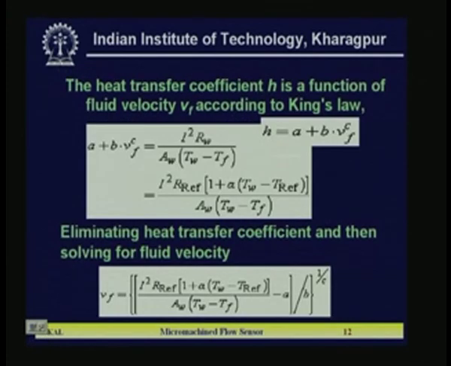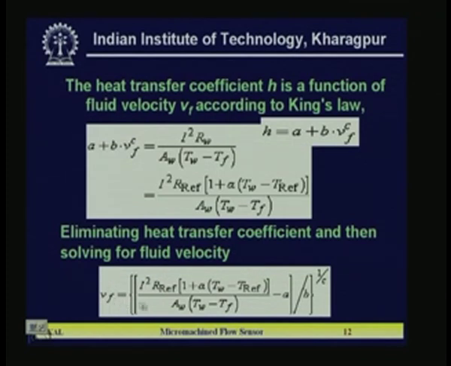If you put this value here for RW, the expression looks like this. So now what we did basically here is eliminate the heat transfer coefficient H, and then if you solve the equation, the fluid velocity will come like this.